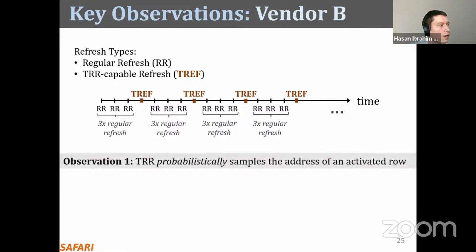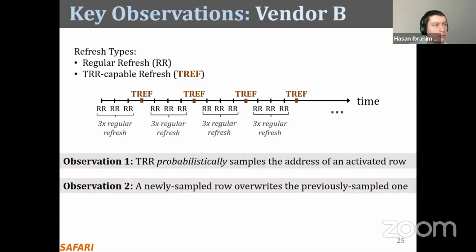The first observation we make here is that TRR probabilistically samples the address of an activated row. The second observation is that a newly sampled row overrides the previously sampled one.